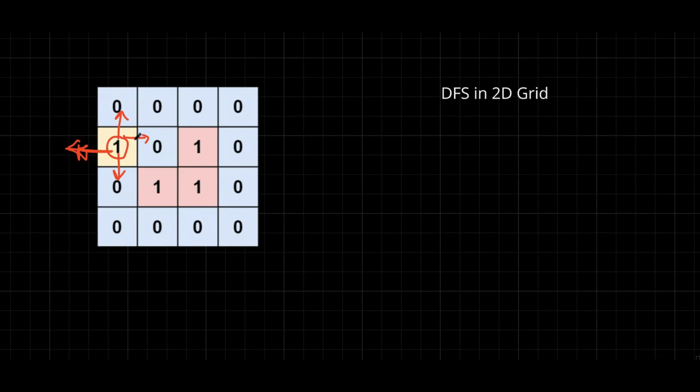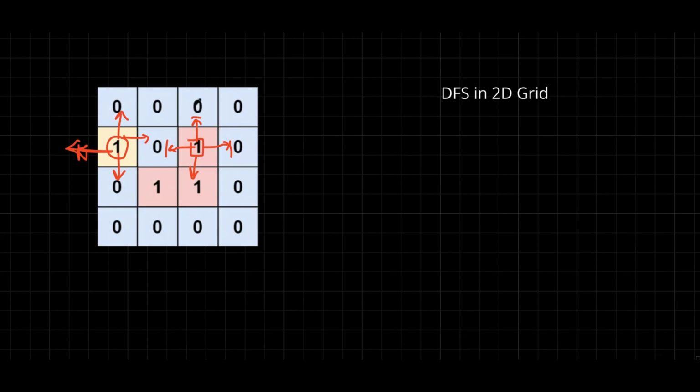But suppose for this cell 1, we can go up, right, left or down. So here, by moving up, right or left, we cannot go outside of the grid.